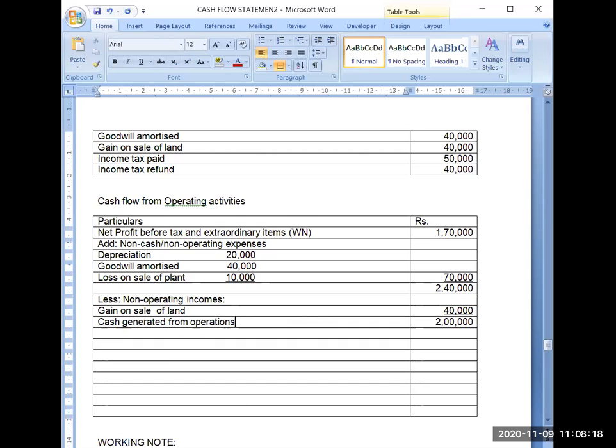Now out of this cash generated from operations, you have paid some tax also. So that tax has to be considered, and how it will be considered? It will be written here: less income tax paid.